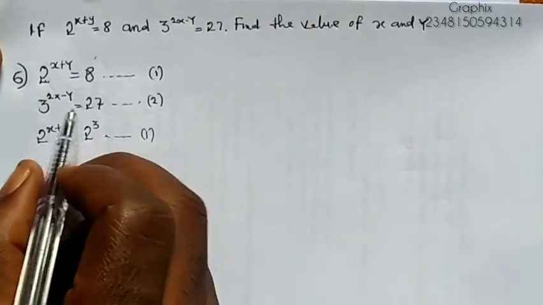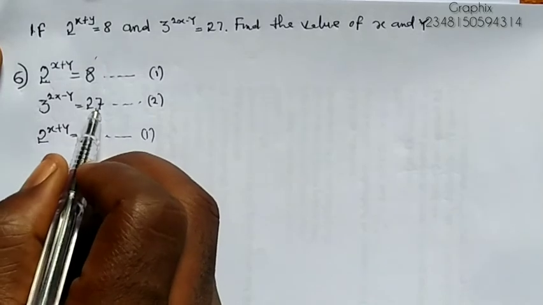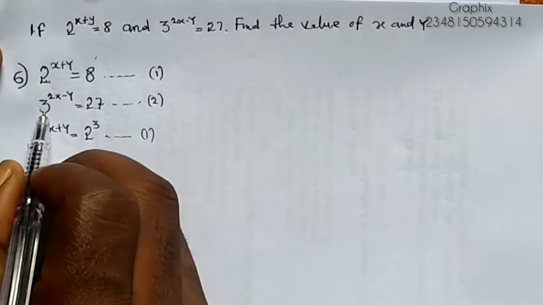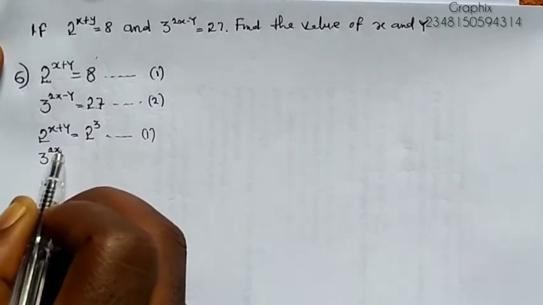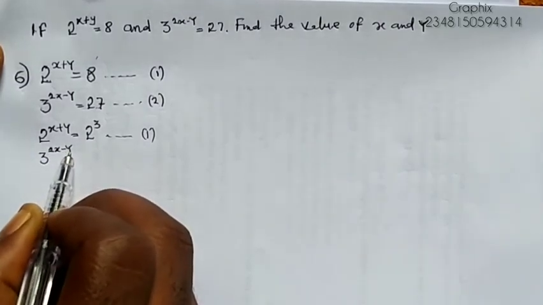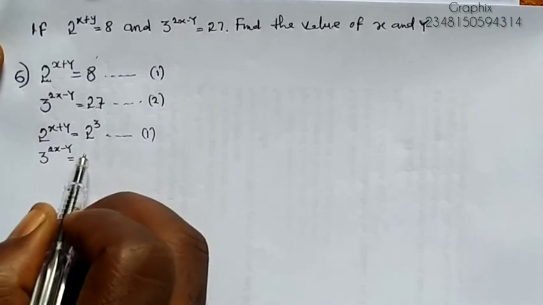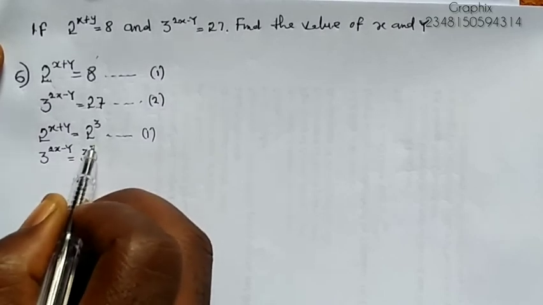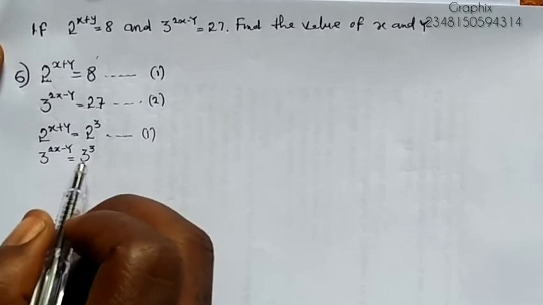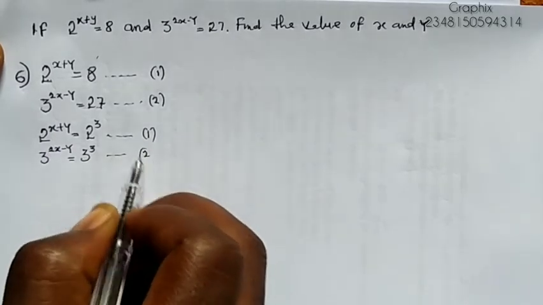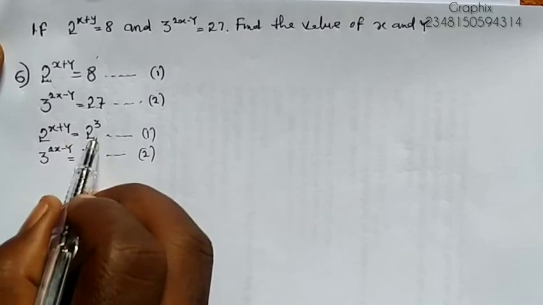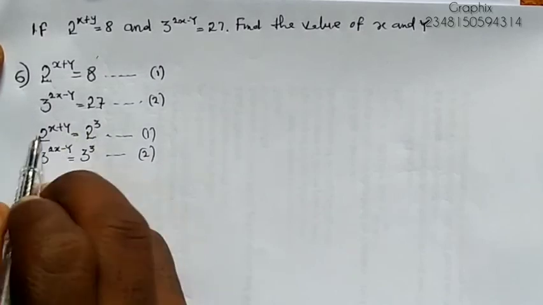And also I can take 27 to a number in base 3. So I can say that 3 to the power of 2x minus y is equal to 3 to the power of 3, which will give me 27. So this is still my equation 2. Now in equation 1, equal bases equate.